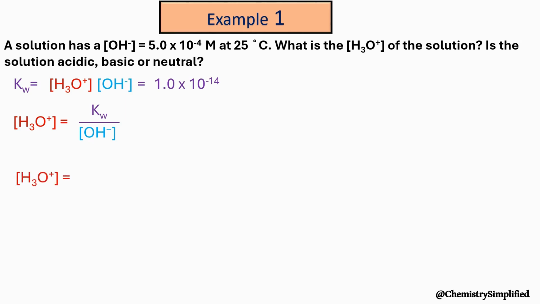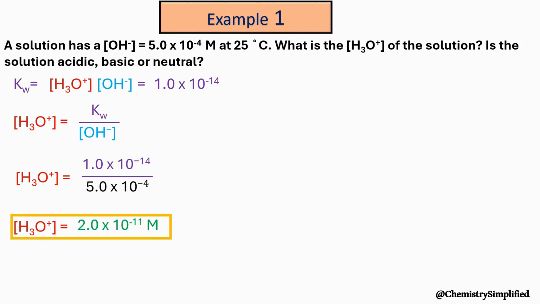Plugging in the values, we have 1.0 times 10 to the negative 14 over 5.0 times 10 to the negative 4. We find that hydronium ion concentration is 2.0 times 10 to the negative 11 molar.